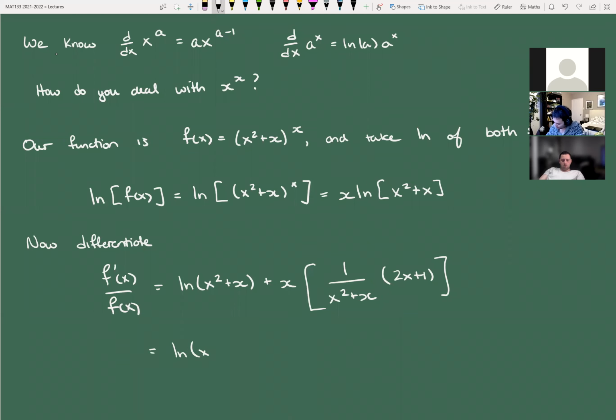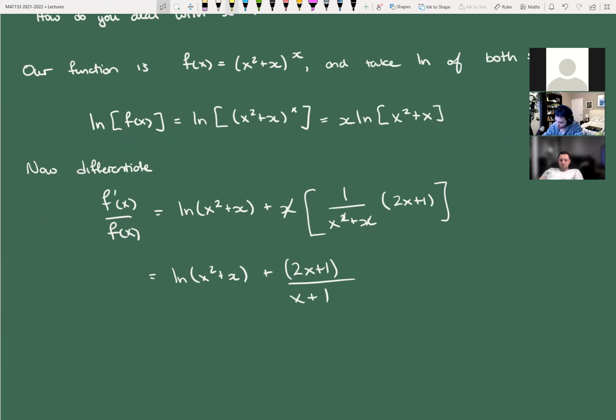Derivative of the first times the second plus derivative of the second times the first. 2x plus 1 times x divided by x squared plus x. Oh, we can cancel some x's though, right? So we can cancel this x and that. So that gives me x plus 1 in the denominator, right?